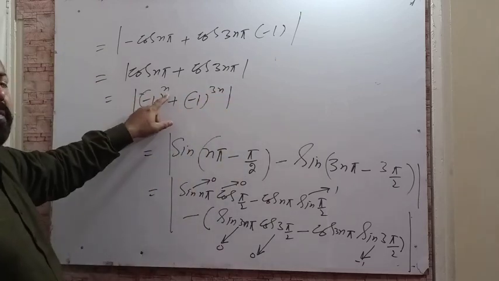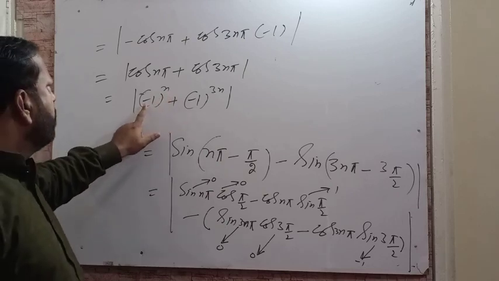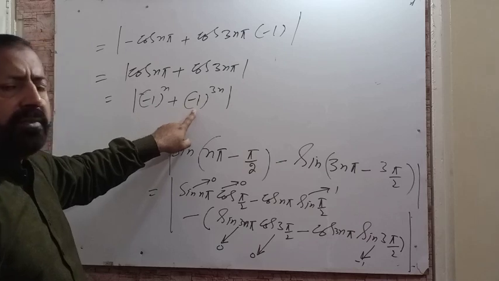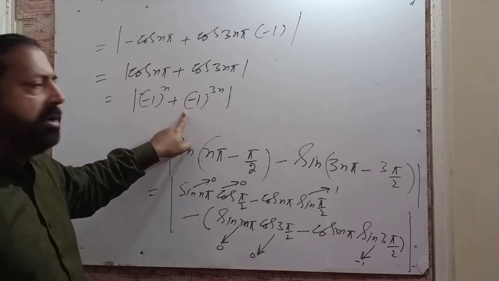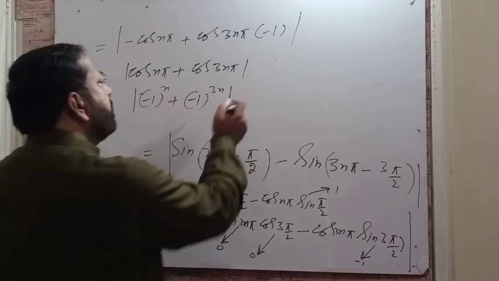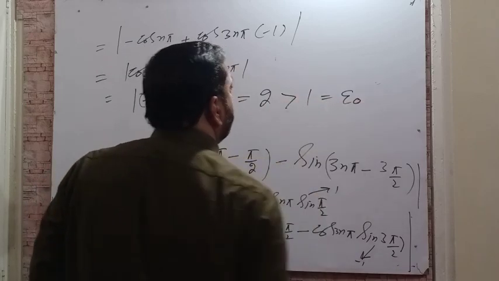Now whatever the value of n is, if n is odd, then this is minus 1 and minus 1. We are getting answer 2. If n is even, then this is 1 and this is also 1. Anyways, this is greater than 1, which was epsilon naught.